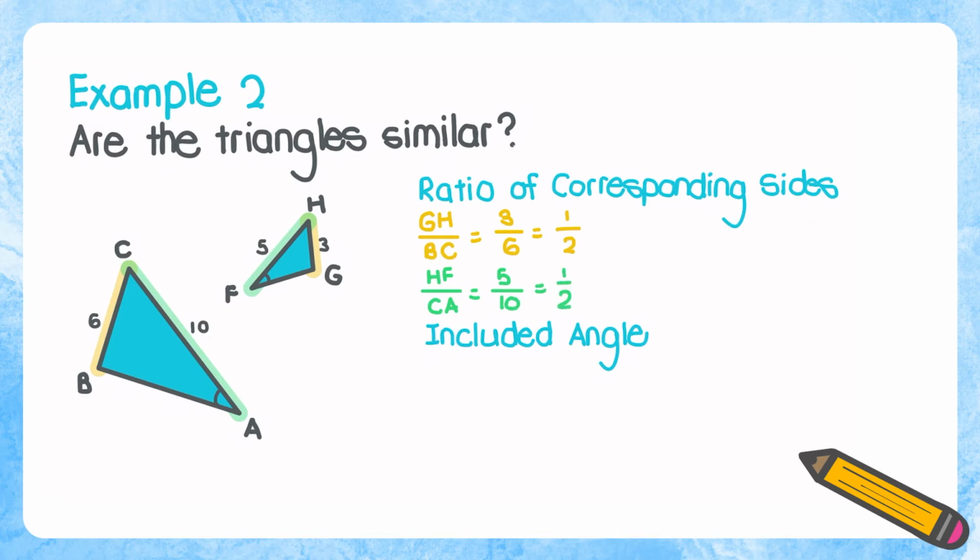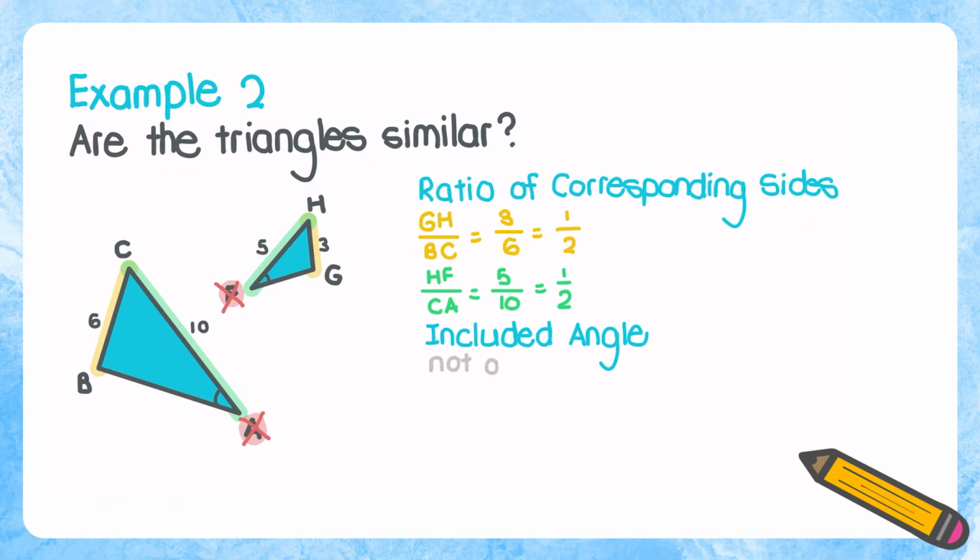The ratios are equal to each other, so we've satisfied the first part of the SAS similarity theorem. In the diagram, we're given that angles F and A are congruent to each other, but these are actually not the included angles. The included angles would be angles C and H, but we're not given any information for those.